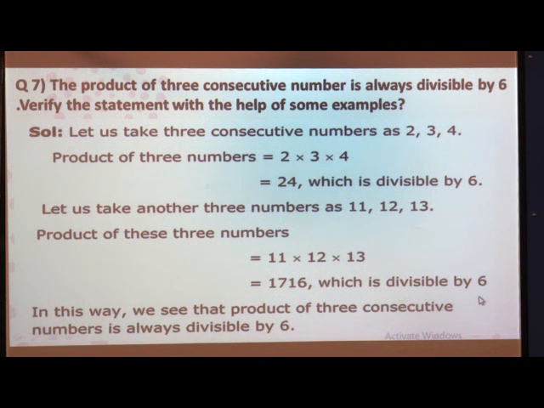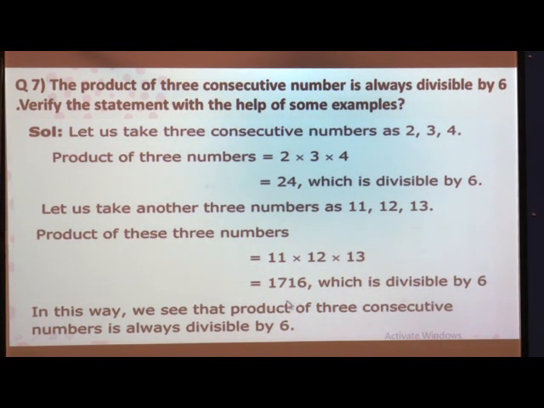Now what is the rule to find whether the given number is divisible by 6? We have to find that the number should go in 2 table as well as 3 table. To find the divisibility rule of 2, the one's place should have a value such that it is divisible by 2. So we have 6, it is divisible by 2.